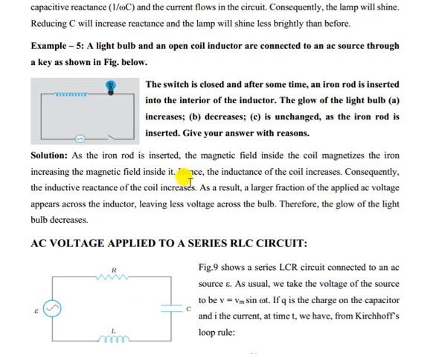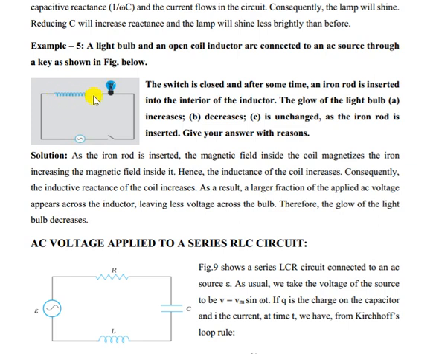Suppose another type of problem. Suppose we have a switch, a light bulb and an open coil inductor connected to an AC source through a key as shown. Now if we insert an iron rod inside the coil, what will happen? As the iron rod is inserted, the magnetic field inside the coil magnetizes the iron, increasing the magnetic field inside it.